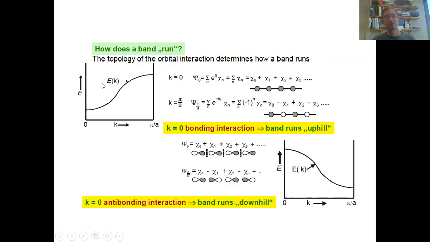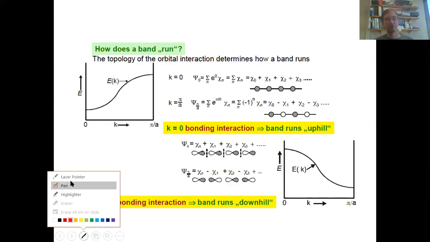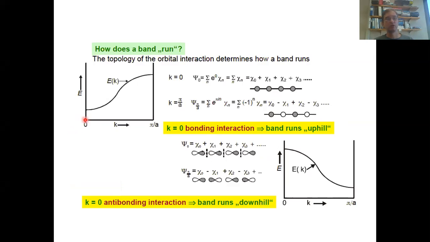In the previous case, we considered the one-dimensional hydrogen chain, and in it the band runs uphill. What does that mean? It means that as we go from 0 to pi over a, our energy increases. That is, however, not always the case.